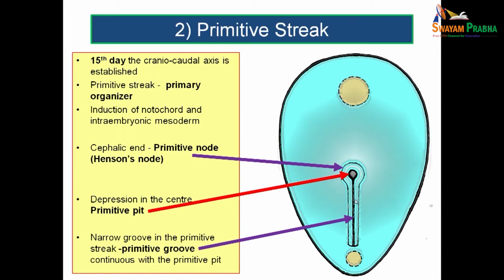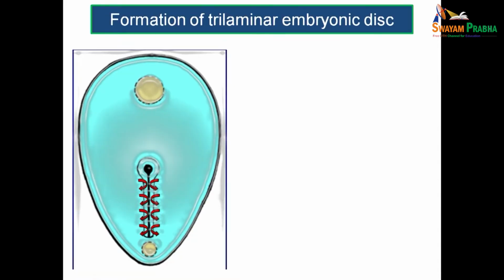This is known as the primitive groove, which is continuous with the primitive pit. So, these are the three major regions of the primitive streak. At the cephalic end, you have an elevation known as the primitive node or Hensen's node. In the middle of the Hensen's node, you have a pit known as the primitive pit, and towards the caudal region along the primitive streak, you have a groove that is known as the primitive groove.